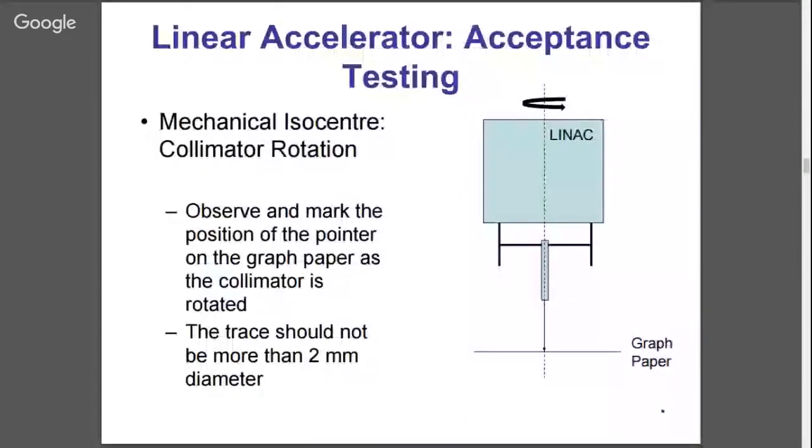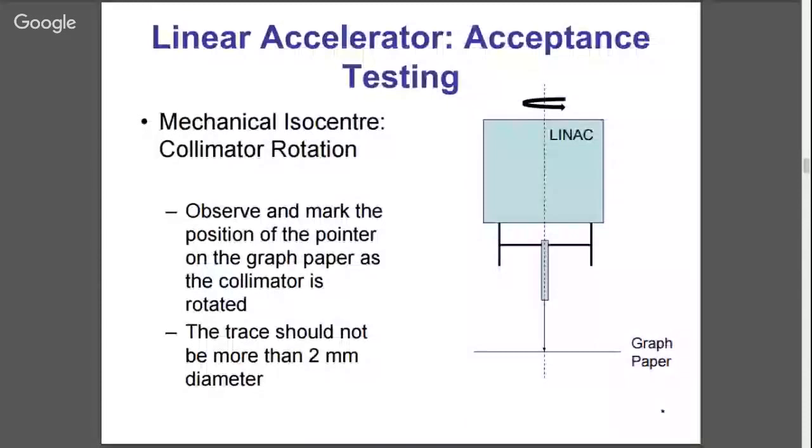So again, a simple way to check this is with something we can put on the linear accelerator, the front pointer. This is an actual physical device that we can fix on. It's a metal pointer. We can set it up so that the tip is at a particular point, at 100 centimeters from the source, so the isocenter.